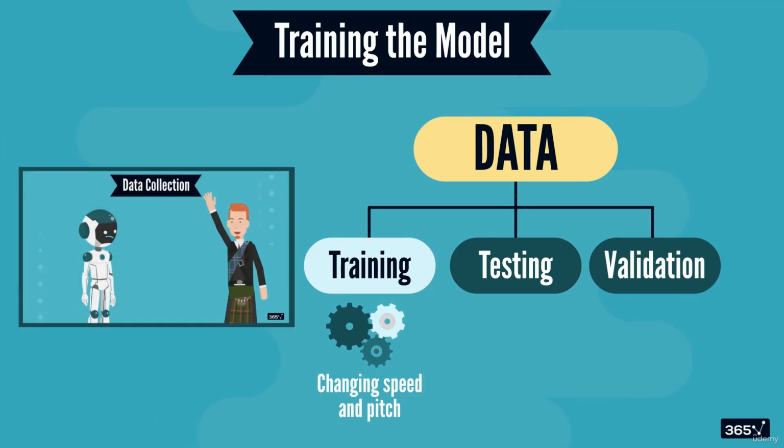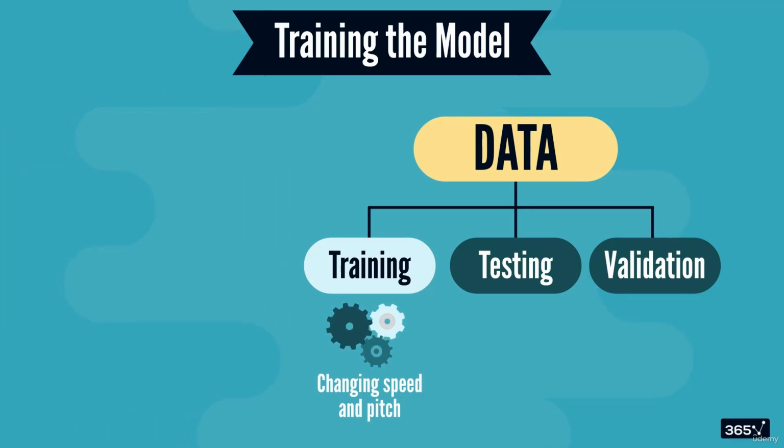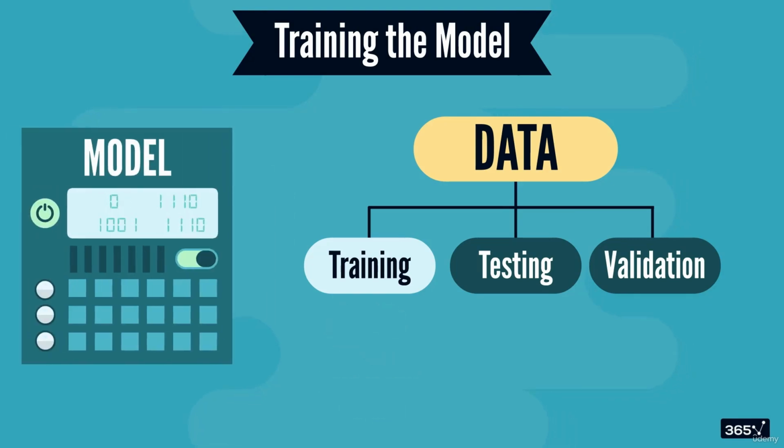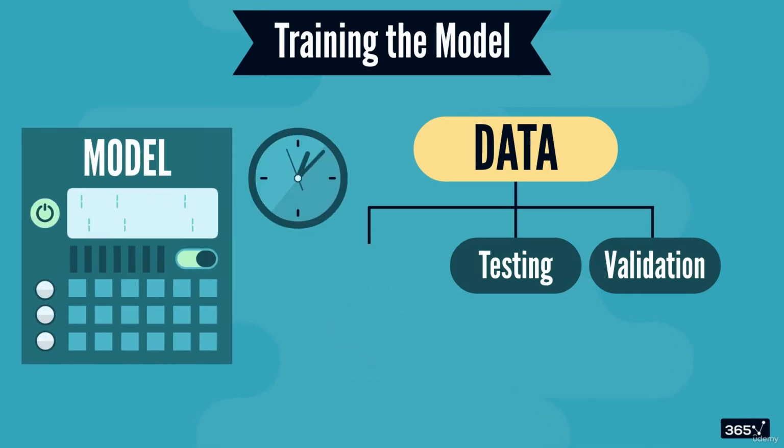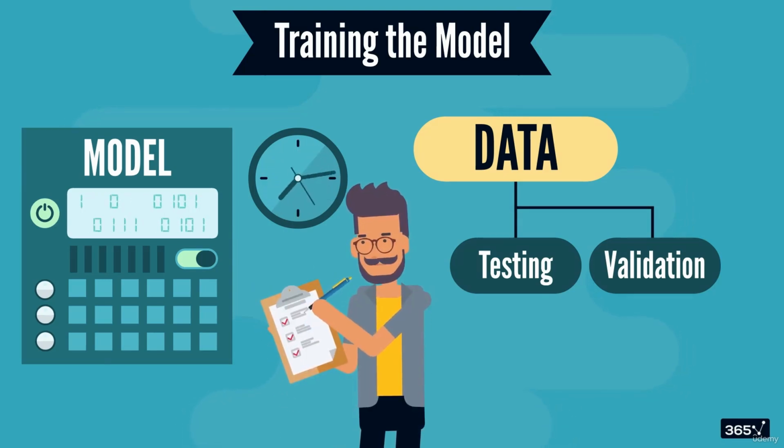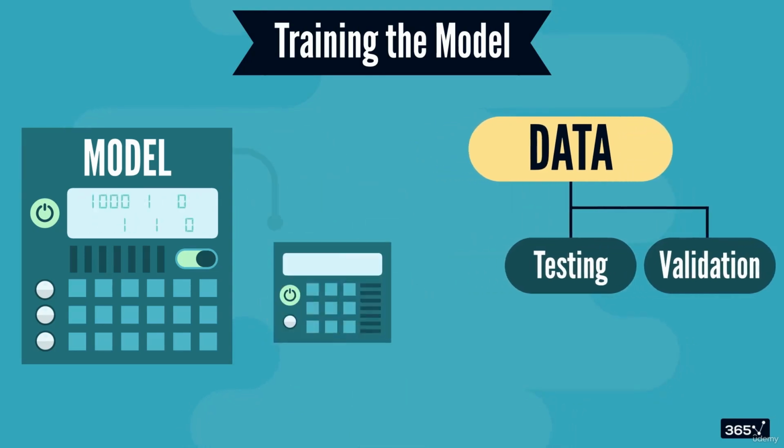Such modifications help the model handle different variations it might encounter in real-world scenarios. After augmenting the data, we feed it to the model, allowing it to learn from the enhanced audio features and their corresponding text.